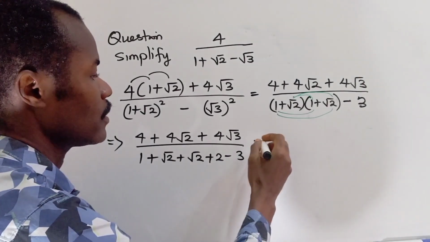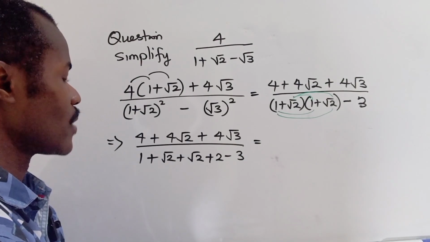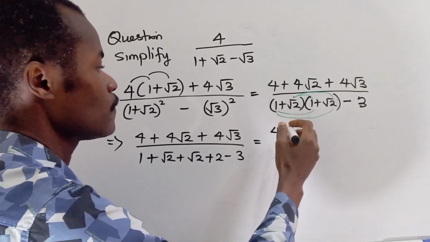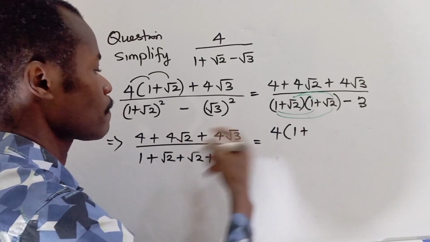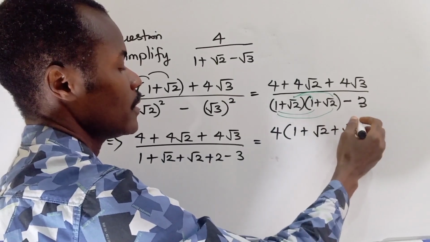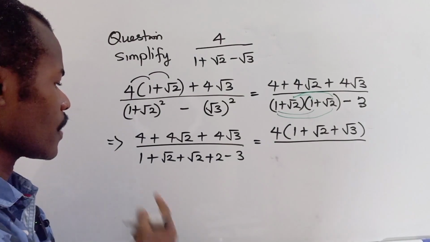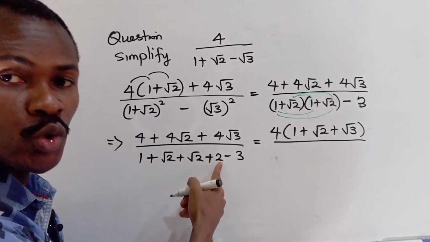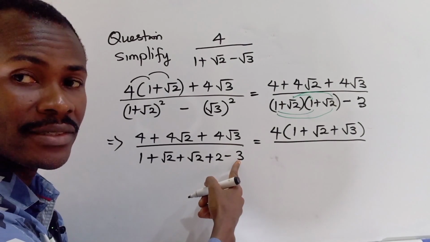At the numerator, I can see that 4 is common, so I can factor out 4, giving 4 into 1 plus root 2 plus root 3, all divided by the denominator. Now here we have 1 plus 2, which is 3, minus 3, that is 0.